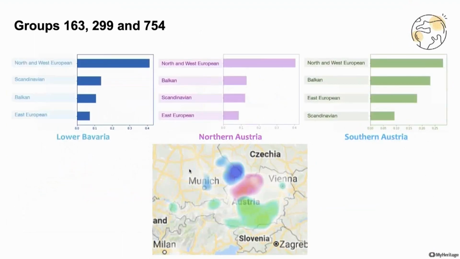Here's another example of 3 different groups that came out. We have an ethnicity on MyHeritage that's called North and Western European. That's a great ethnicity, but it covers a huge geographical area in Europe. And we weren't able, for example, to tell you whether you're from Austria or Germany or France.